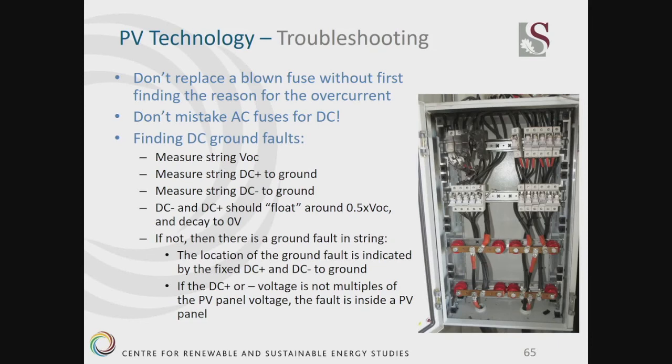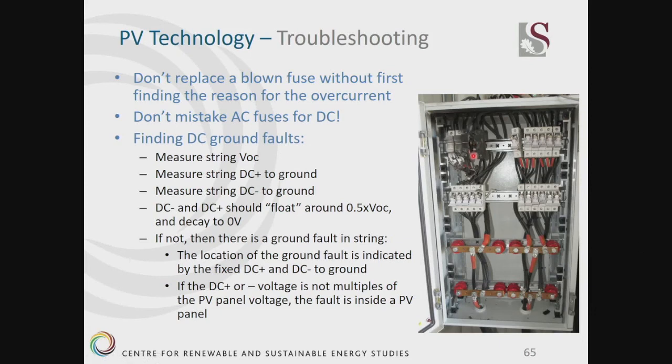When we troubleshoot an installation, you should be careful and think about what you're doing. Don't replace a blown fuse without first finding the reason for the overcurrent. Then be sure not to mistake AC fuses for DC fuses.